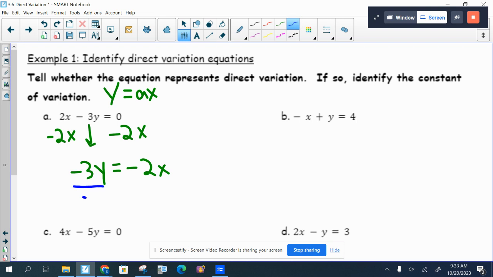Divide both sides by -3, and you get y = 2/3 x. So is this direct variation or not? Yes, direct variation. And what's the constant of variation? a.